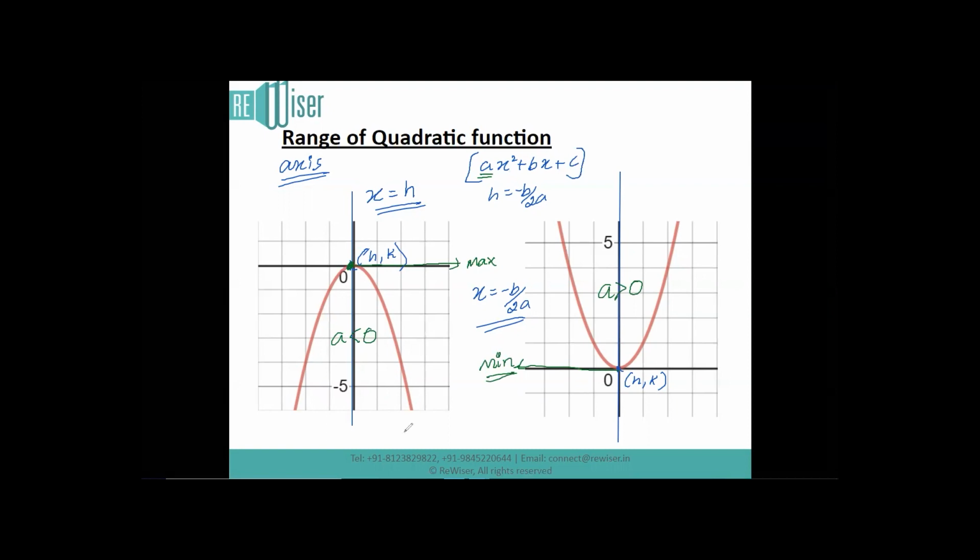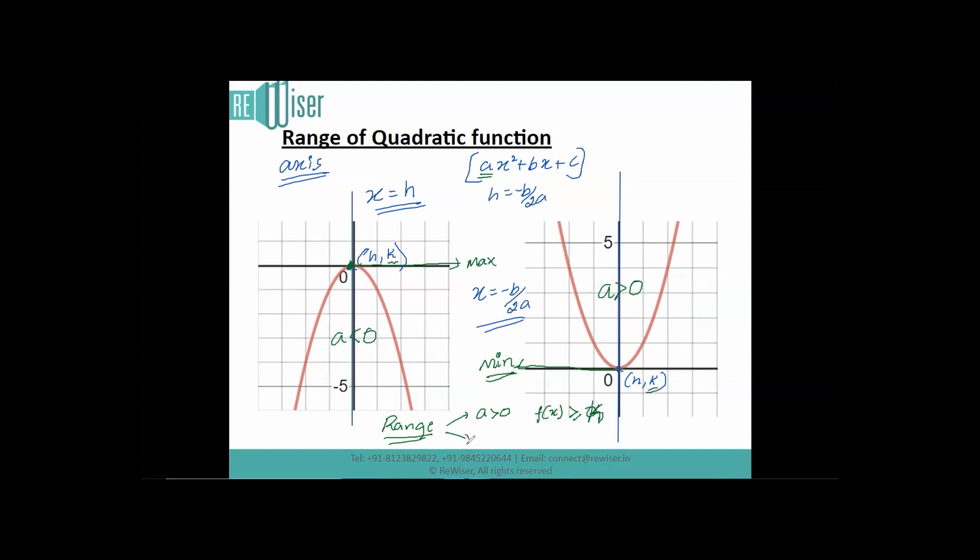So to find the range of any quadratic function, range means all the possible values of y, and the y coordinate here will be k. The range of the function goes something like this. Whenever a is positive, the range of your function, f of x, will be greater than or equal to k, because whenever a is positive, the least value of your graph is k itself.